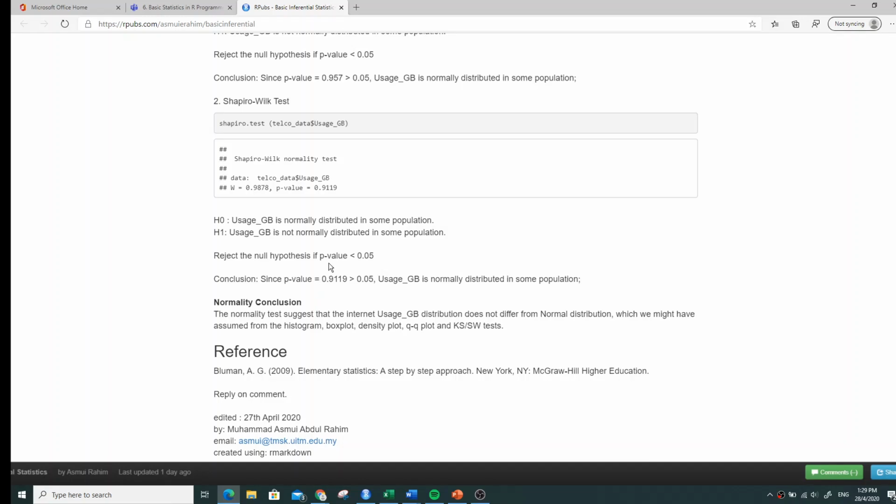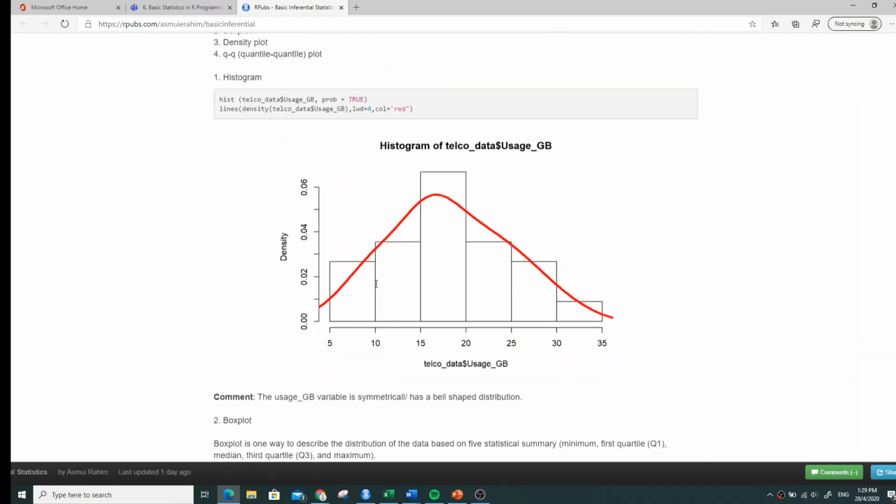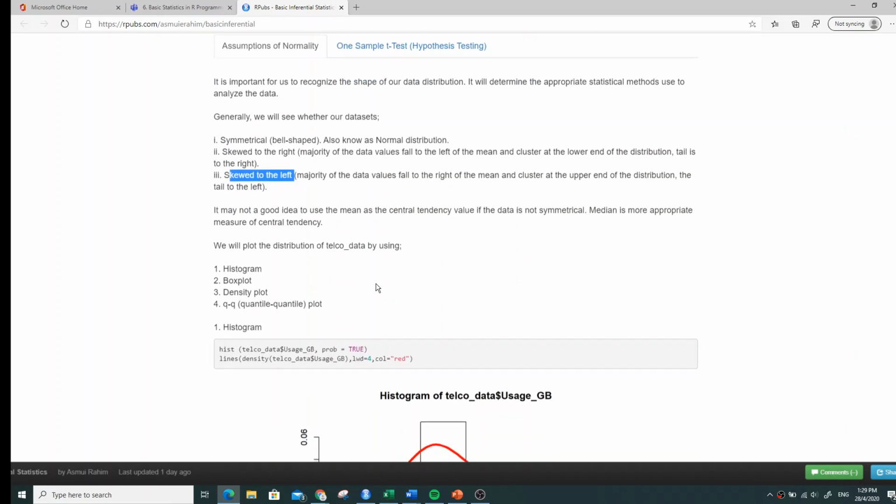Once we know that our data is normal, we assume that we can use mean to test the hypothesis. But behind that we still have what we call the central limit theorem. That's something I will not discuss in this topic.